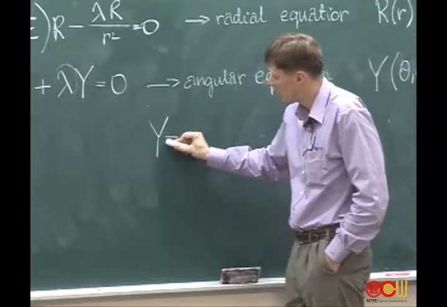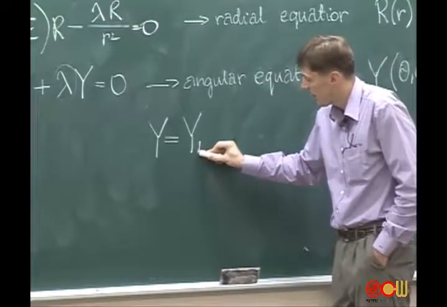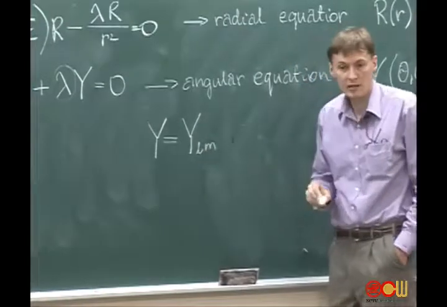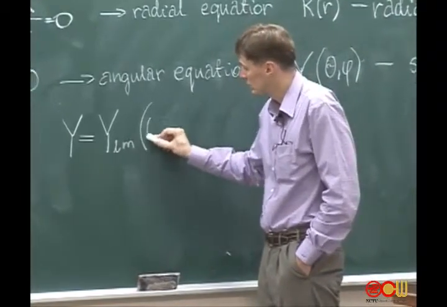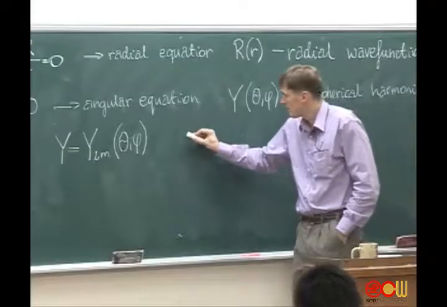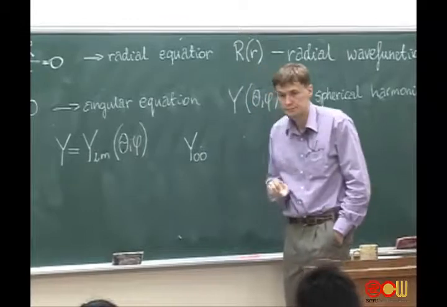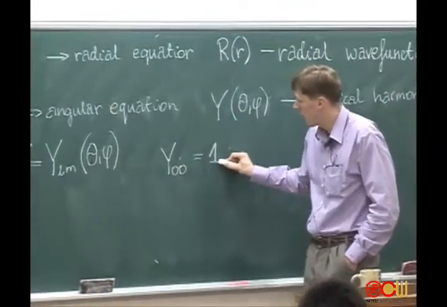So generally I'm going to write this one as functions that depend on two special values, L and M. Let's start. The simplest one is 0, 0. And this one is just given by 1.